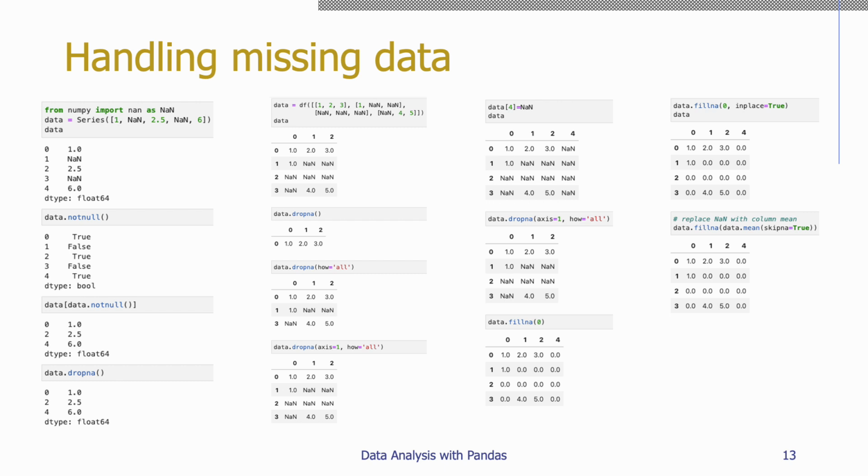It detects existing non-missing values. It returns a Boolean same-size object indicating if the values are not NA. So non-missing values get mapped to true, and NA values such as None or numpy.nan will get mapped to false.